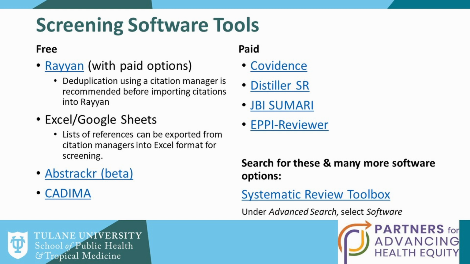And the systematic review toolbox that is linked here, you can go on there and toggle to search for software, and you can look at different software that includes different steps of the evidence synthesis process. So the ones I've outlined here are mostly relating to screening, but there's other software that can help with other systematic review or evidence synthesis or rapid review projects.